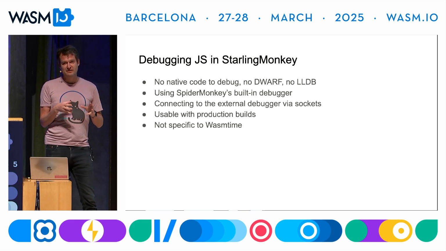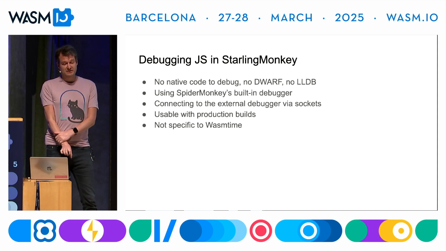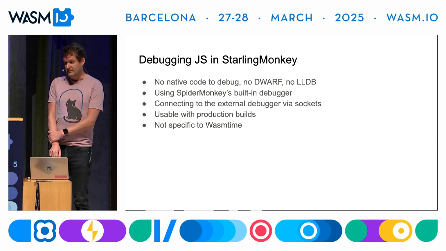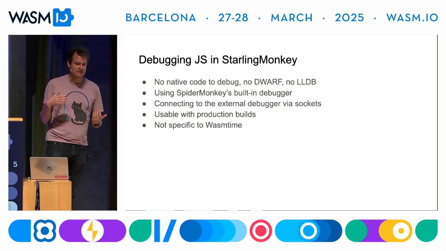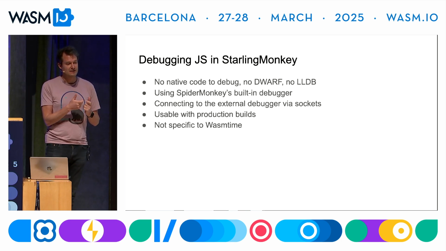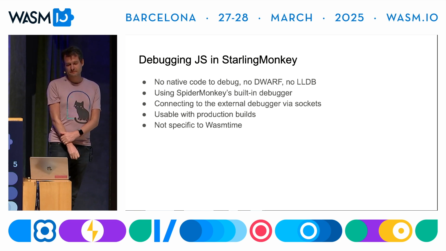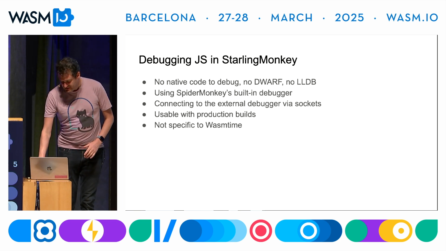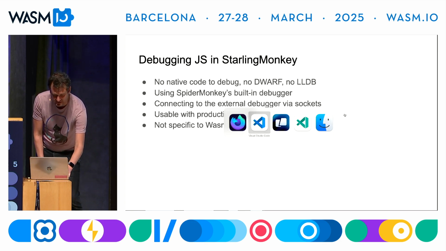You don't need to have special debug symbols built in and optimizations turned off and so on. And it also means it's not specific to Wasmtime, as the other solution is. So what Ralph showed doesn't work in any runtime; each needs to have its own implementation of this DWARF-based debugging. With this solution, we don't need this.